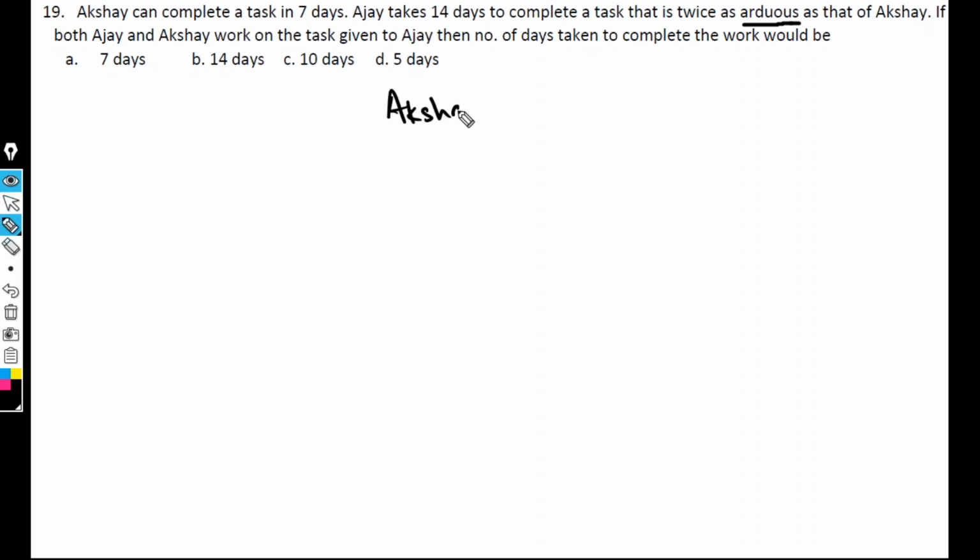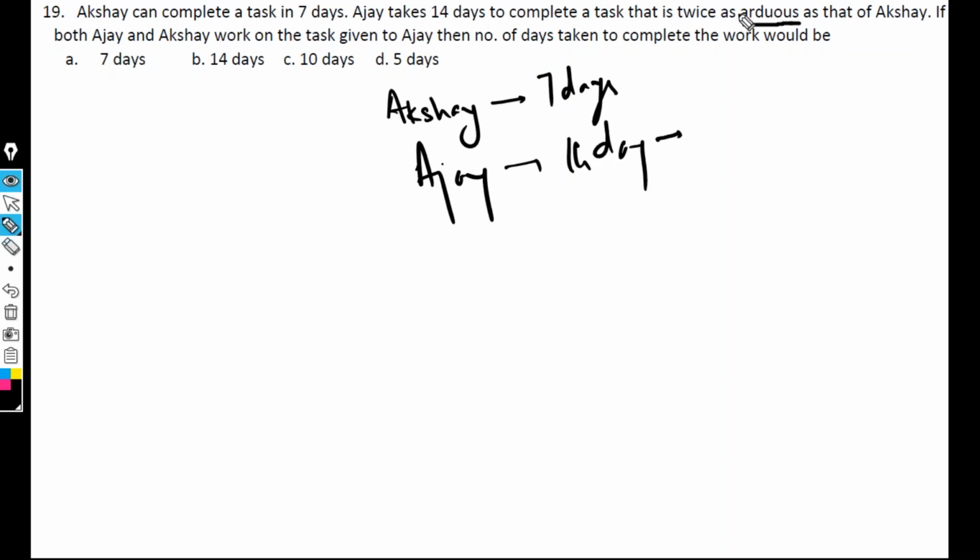Here he says, Akshay can complete a task in 7 days. Ajay takes 14 days to complete a task that is twice as arduous as that of Akshay. So arduous means difficult, right? If the task of Akshay was x units, and it is twice as arduous, it means it is 2x units for Ajay.